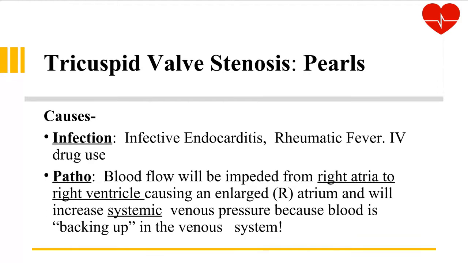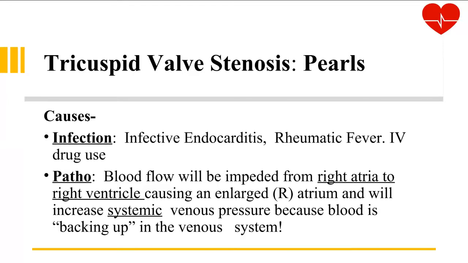So basically, we have a narrowing of that tricuspid valve. Blood flow is decreased coming from the right atria to the right ventricle, and it's going to cause that right atrium to enlarge because it's working harder. Everything is not getting down to the ventricle, so it's creating an enlargement.